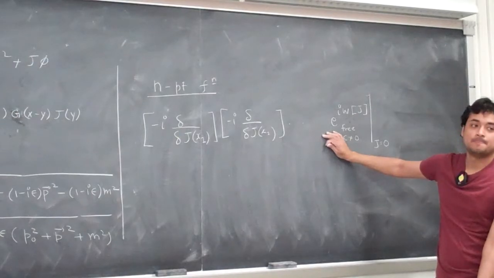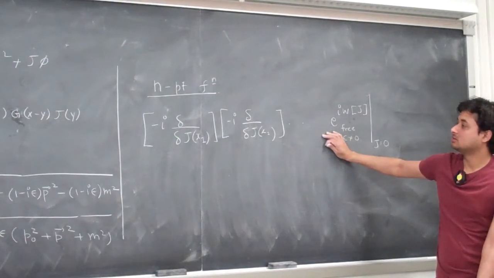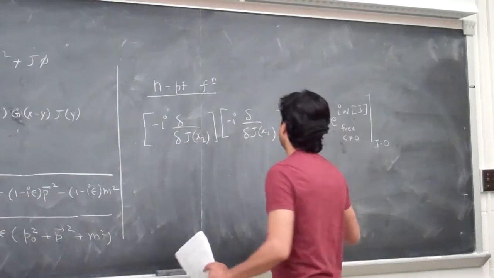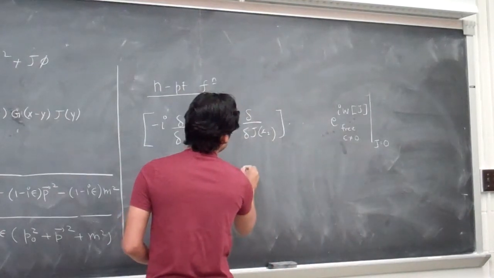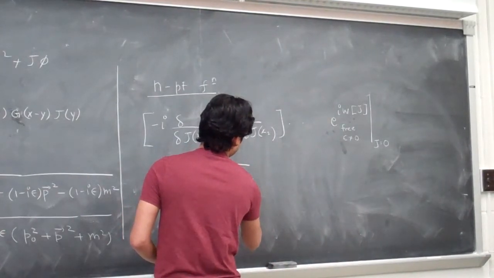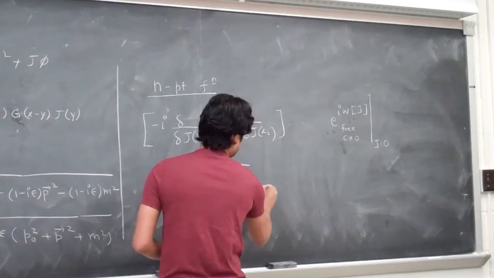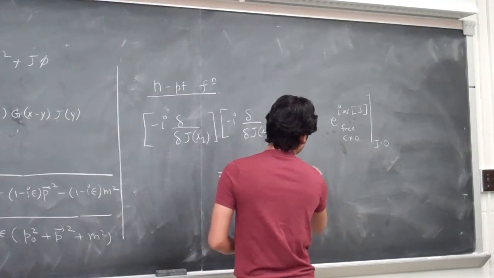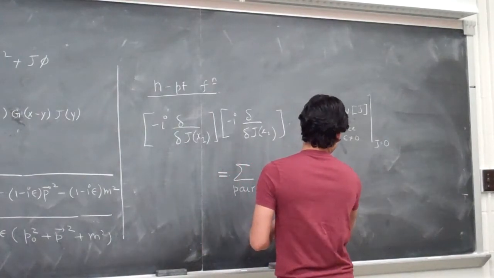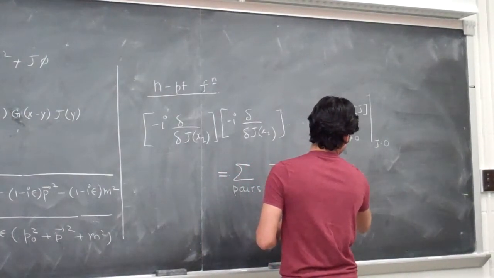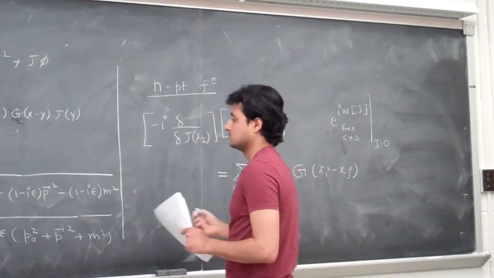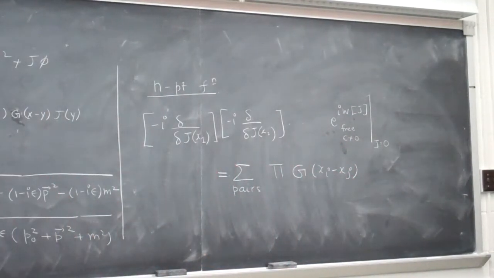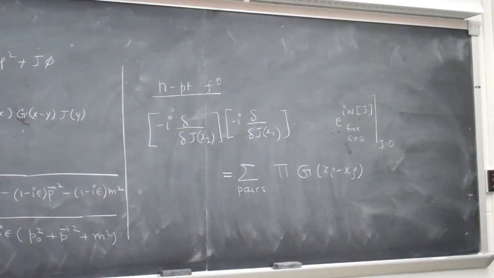is in the following. So this will be equal to the sum over pairs, product of G(xi minus xj). So what is happening?